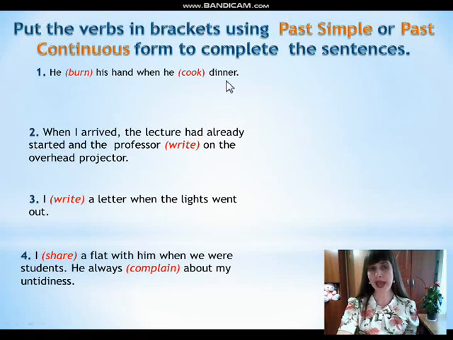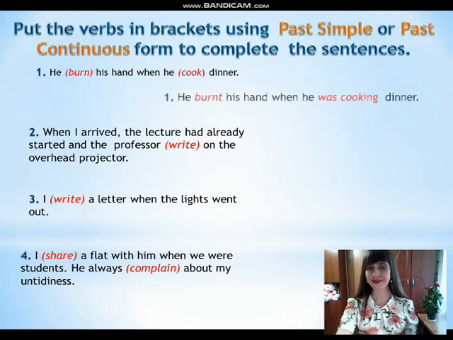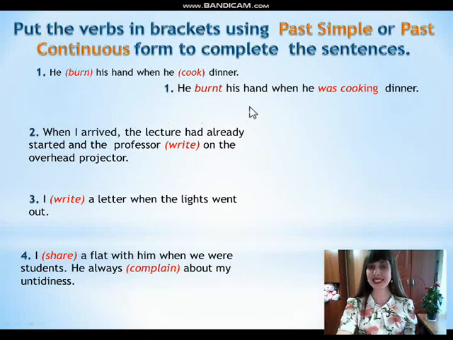Let's have a look what we have here. So, we have a long action, cook, and this long action was interrupted by a short action in the past, burn. So, the answer is he burned his hand when he was cooking dinner.